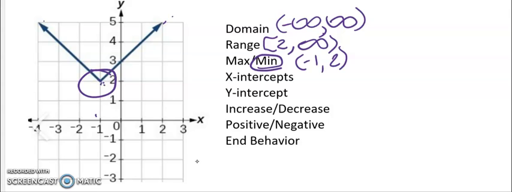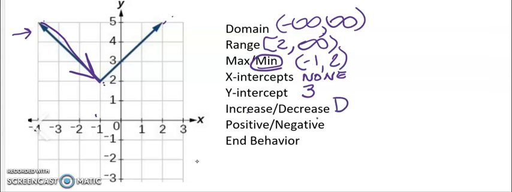This graph does not cross the x-axis, so there are no x-intercepts. There is, however, a y-intercept at 3. Okay? Now, let's look. For increase and decrease, if we read our graph from left to right, we go down first.